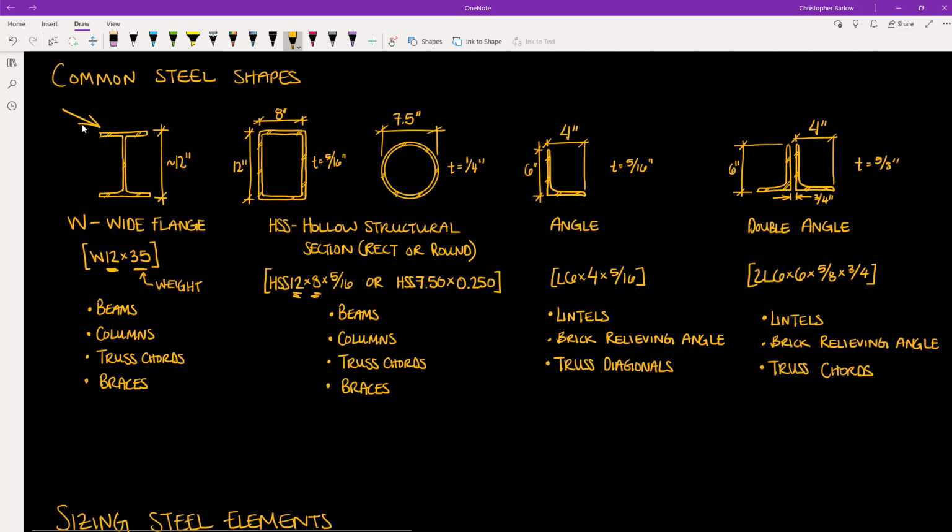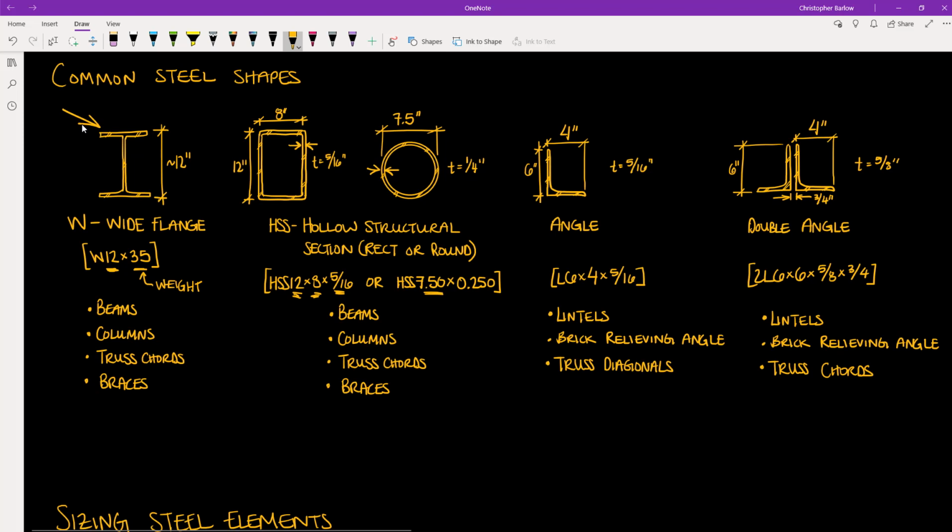And the final number will be the exact width of the wall, all the way around the section. Similarly for HSS round, this first number here is the diameter of the section, and the second number is the exact width of the wall.